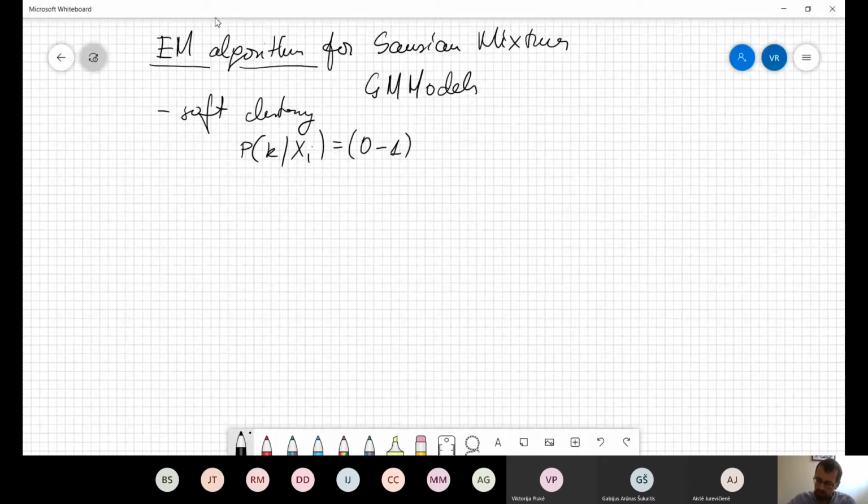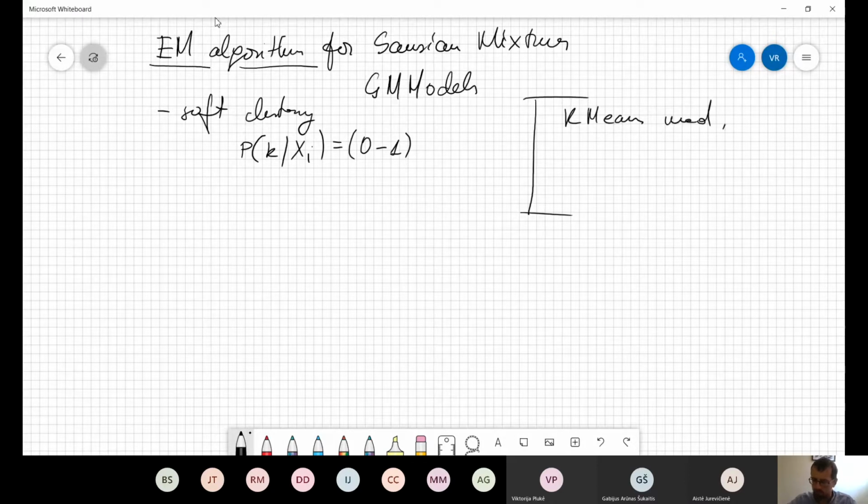I have to make a note that there exists a possibility to use soft clustering for k-means. It's a k-means modification for soft clustering, called fuzzy k-means, or soft k-means.